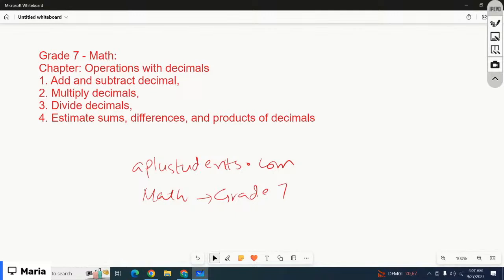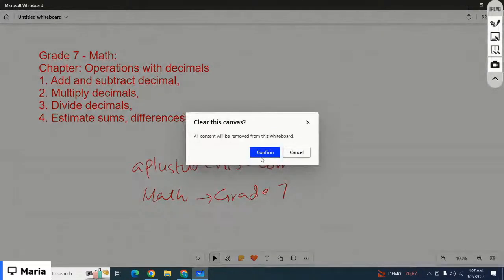Decimal numbers are the type of numbers that have a whole number and a fractional part separated by the decimal point, right? You note down the definition of decimals.